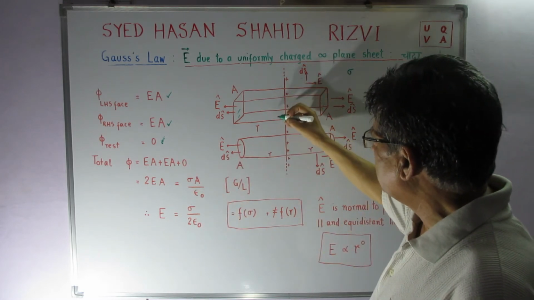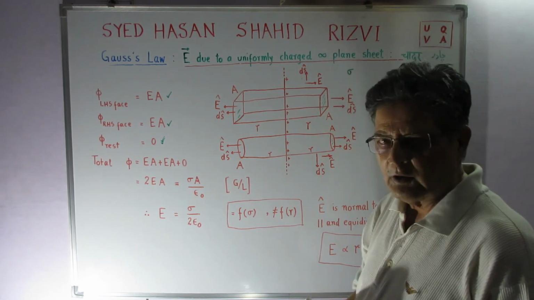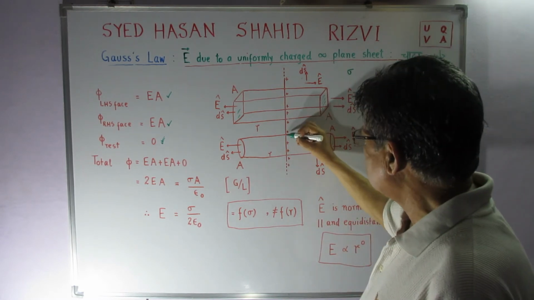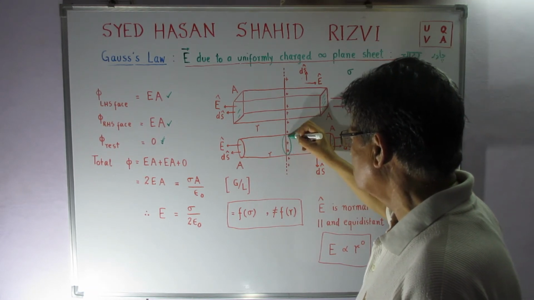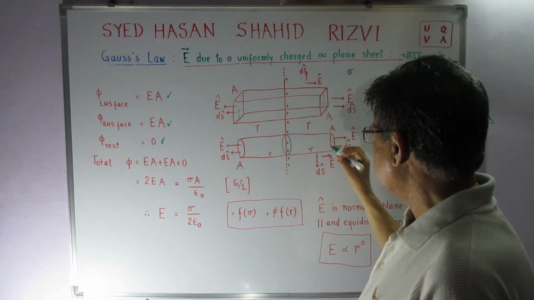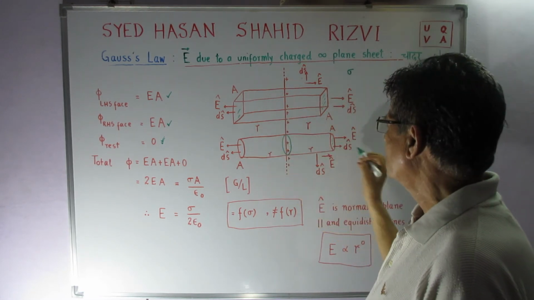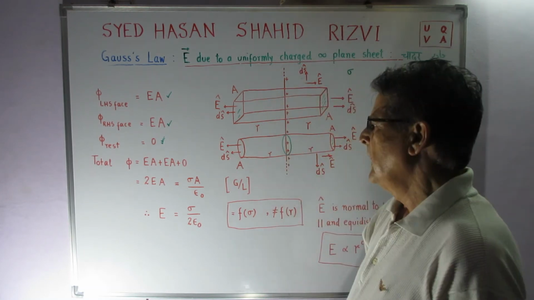Here the charge will be enclosed in a rectangle, and here in a circular cross section. There is no problem. The area here is A, and here also it is A.